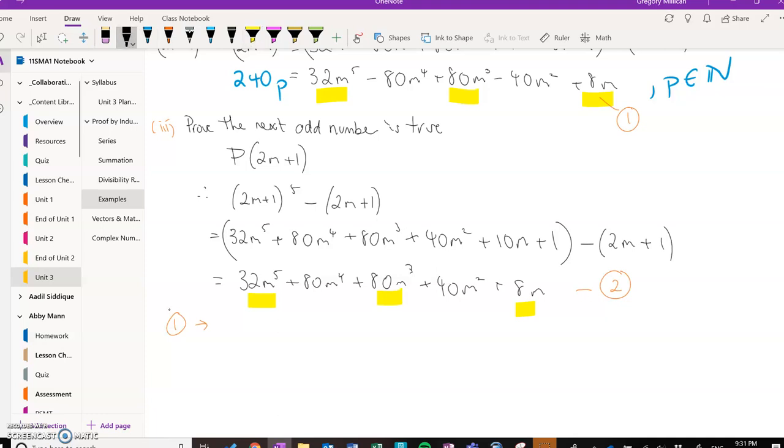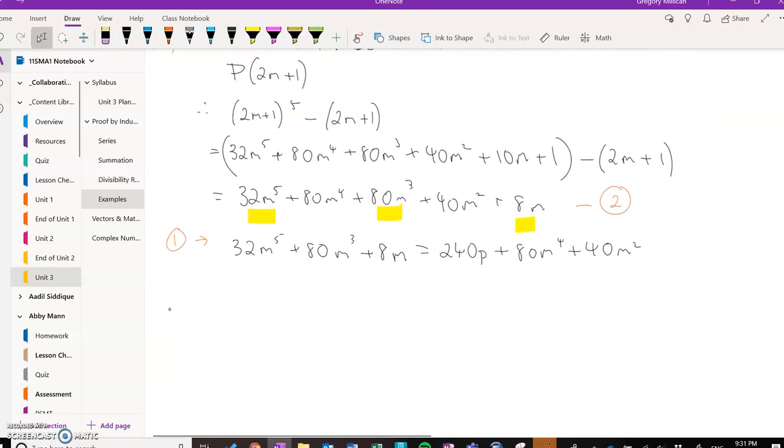So we're going to say 32m^5 plus 80m^3 plus 8m equals 240p plus 80m^4 plus 40m^2. I've just taken the two negatives and taken them to the other side of the equation.